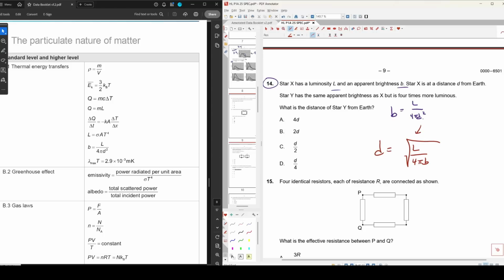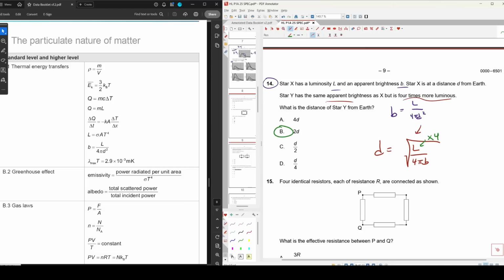Yes. Okay, so what's going to happen now? Now that I have it solved for D, I can just look at my changes. It's got the same apparent brightness, but it's 4 times more luminous. How much further away is it? Well, what happens if B stays the same, but L gets 4 times bigger? It's under a square root, so if I make that 4 times bigger, it's 2 times further away.